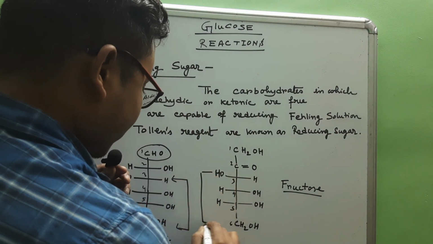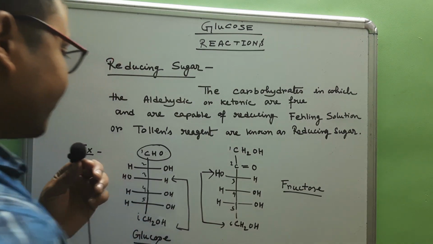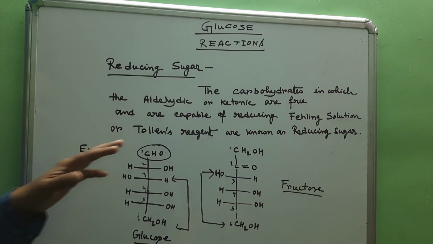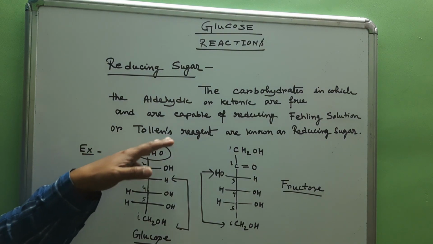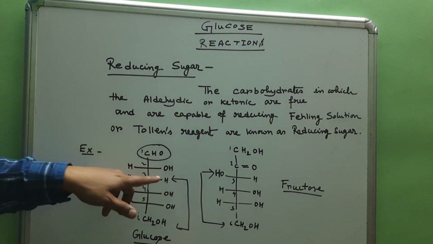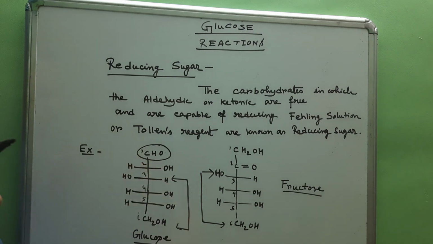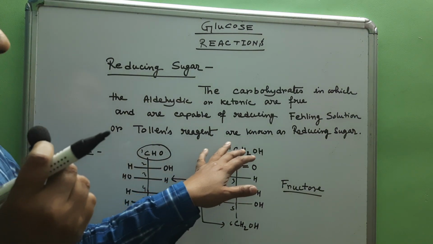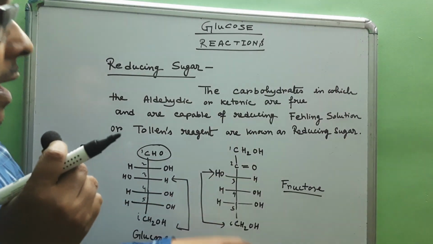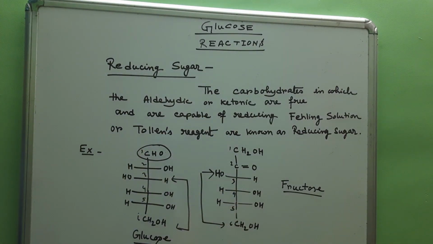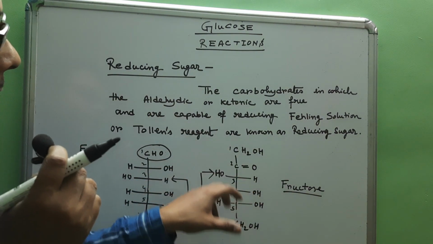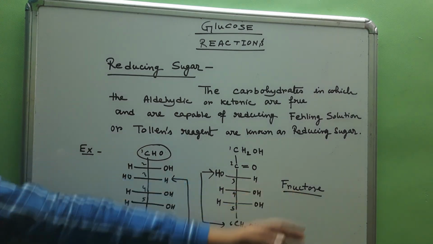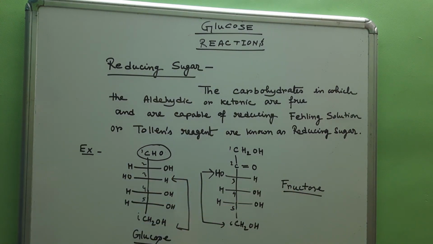From carbon 3 to 6 are similar in glucose and fructose. The difference is only at the first and second carbon atoms. In glucose, the first carbon atom is the aldehydic carbon, and the second carbon atom is the secondary alcoholic functional group. In fructose, the first carbon atom is the primary alcoholic carbon, and the second carbon atom is the free ketonic carbon. As fructose contains the free ketonic group at the second carbon atom, it is also a reducing sugar.